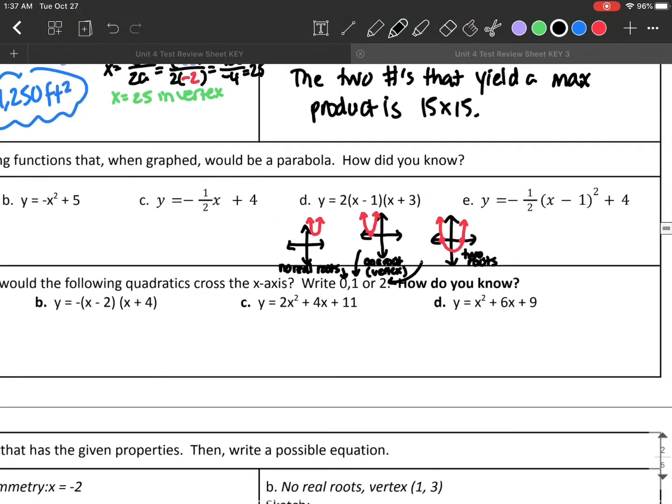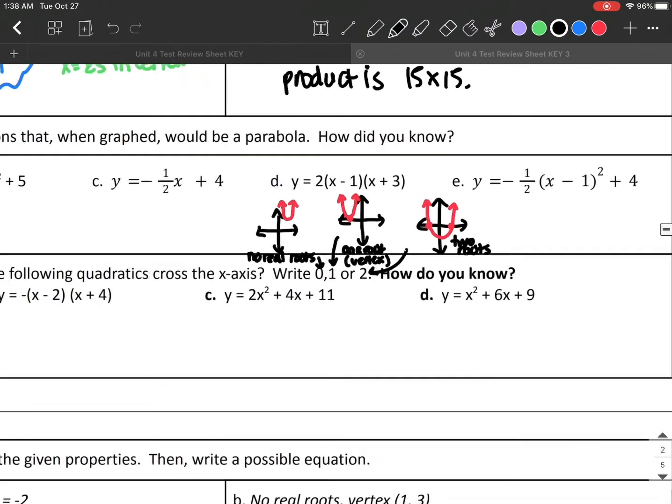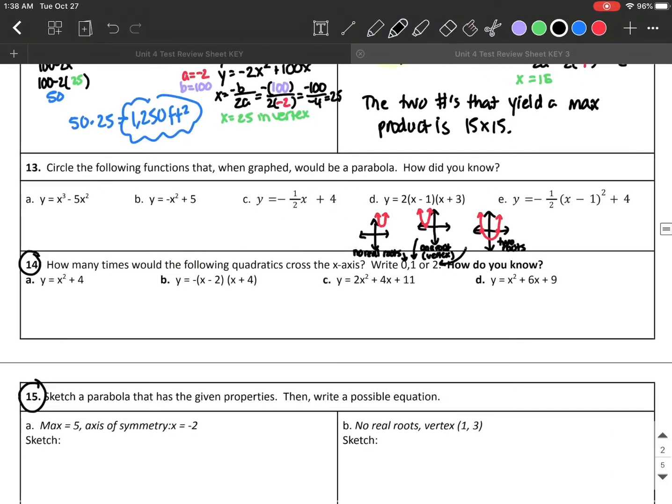All right. And then I want to figure out how I would look at an equation and decide if it's one of these 3 situations. What I'm going to use is the quadratic formula, or just a piece of the quadratic formula. Because the first thing I want to decide is, am I going to have no real roots, or am I going to have real roots?